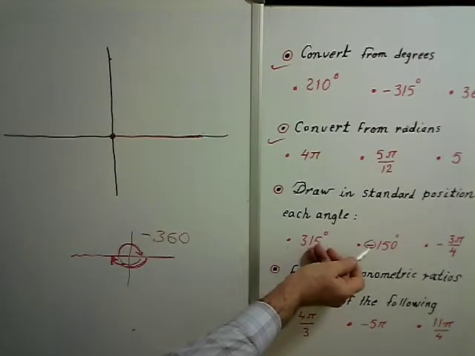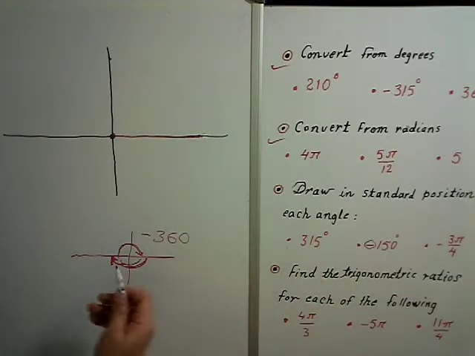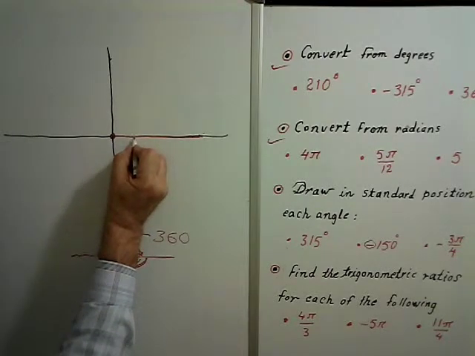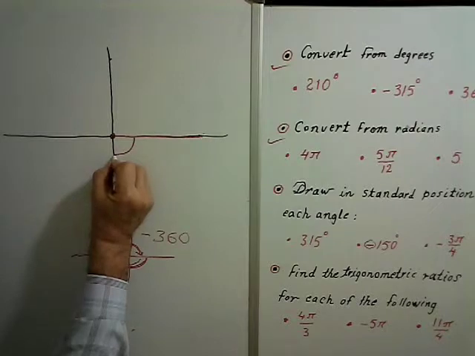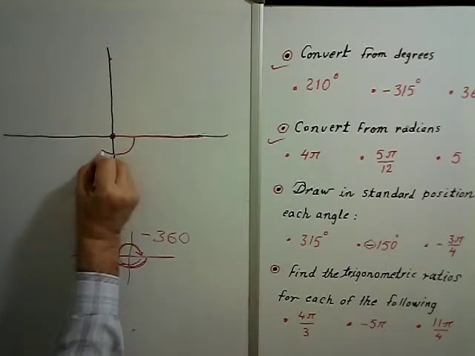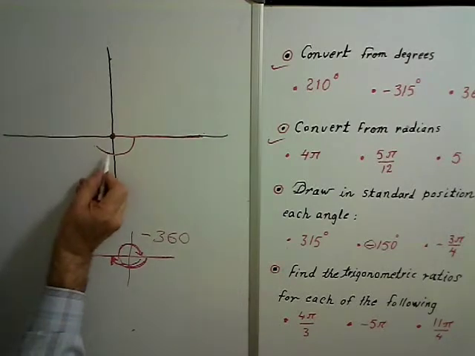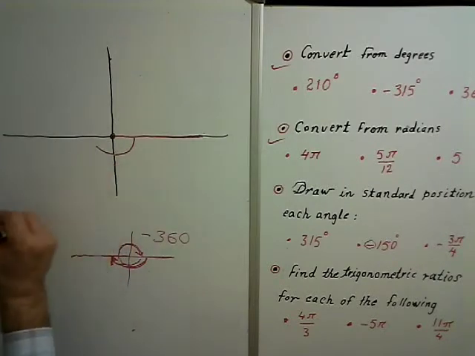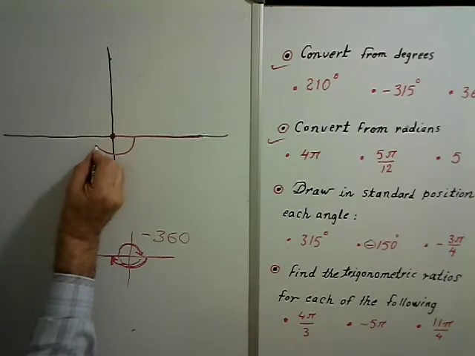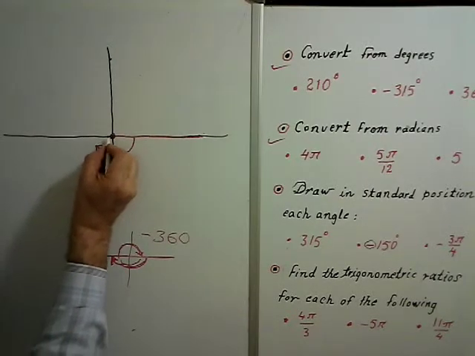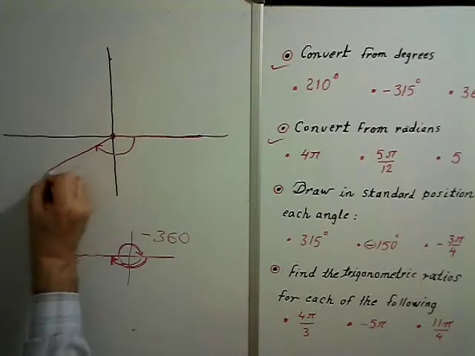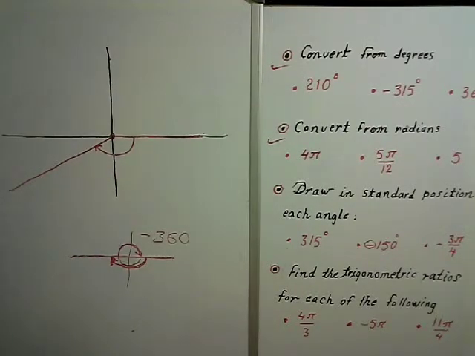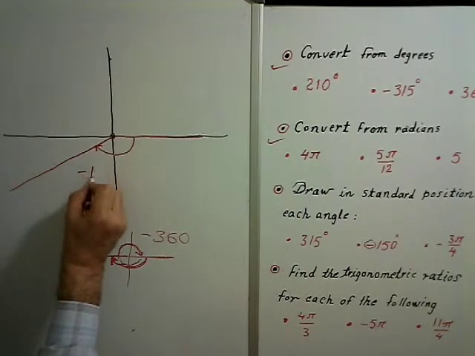But we will draw negative 150, which is less than 180. So it will be like here. This is negative 90, and keep going, negative 60 more. So negative 90 and 60 means 150. At this point we stop and draw the terminal side of the angle here, and we write negative 150.